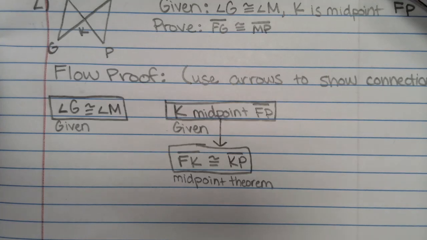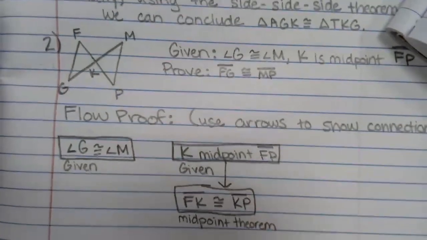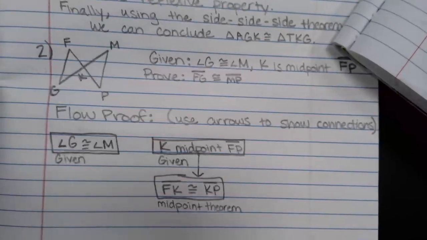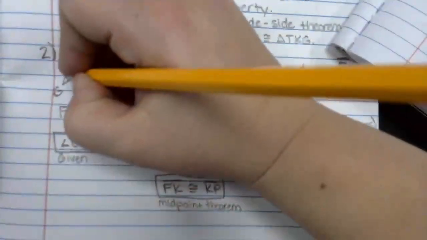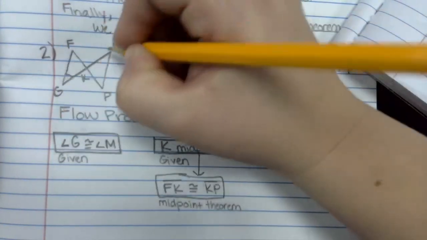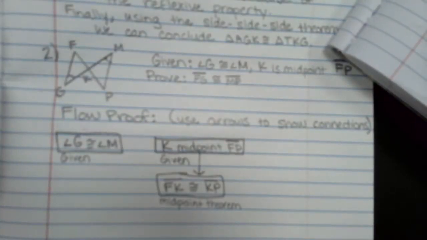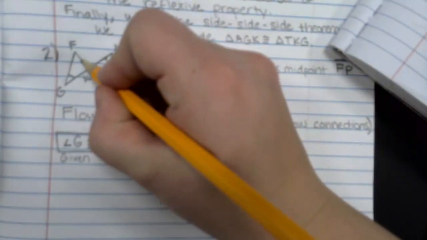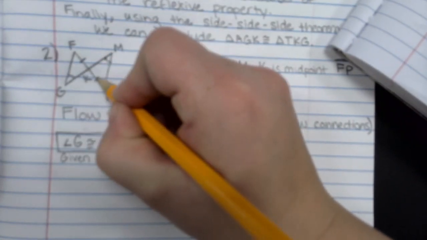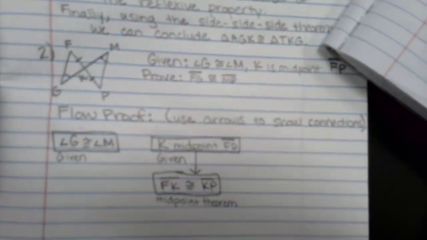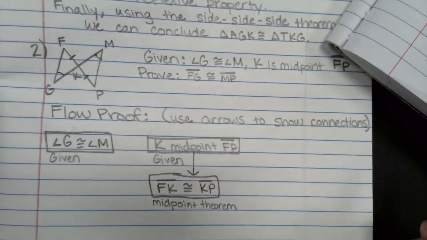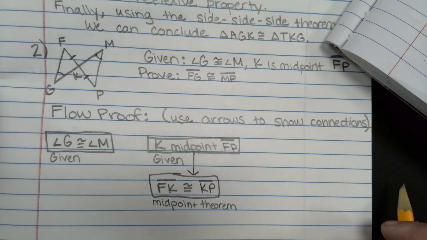All right, our next idea was that when we look back at this picture, I'm going to try not to go back to the other one real quick. We have angle G was congruent to angle M. And now we know FK is congruent to KP. So we needed either another side or another angle. What was the next angle we came up with?